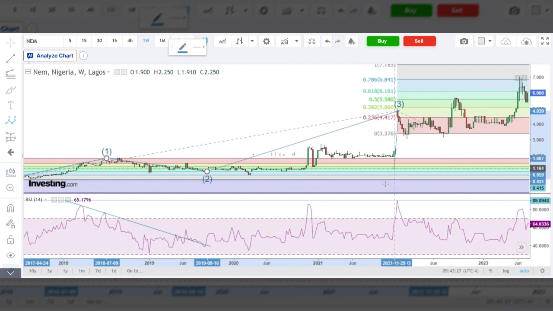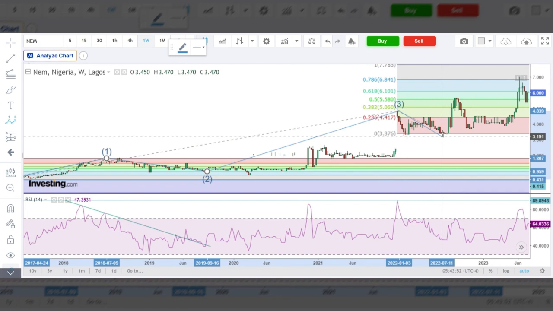Then that's when you say, oh, market is now overbought, using that level of Fibonacci, which is 1.618, to determine. Sometimes the three can extend to 2.618. Okay, this is four.